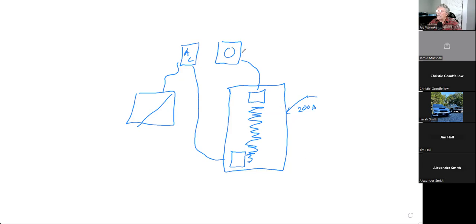Now we come into here with 200 amp service from the utility. So if my bus bar is limited to 200 amps and the breaker is coming in with 200 amps of power, you might assume we could not hook in here with more power because we've reached our limit.